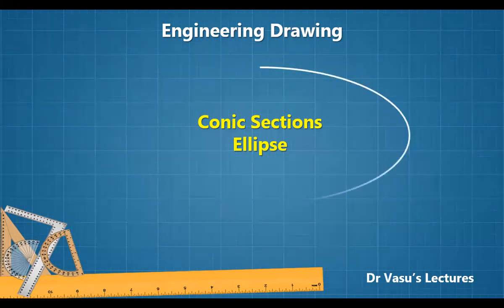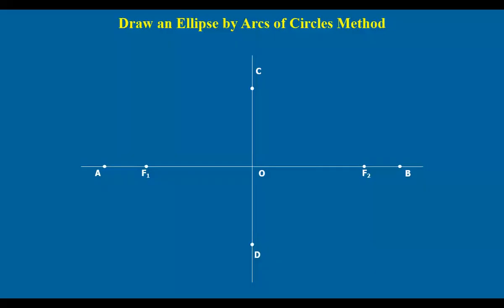Now let's see the conic sections with the different methods. Let us see the particular case of the ellipse. Suppose we want to draw the conic section by the arcs of circles method. Here you are given AB, the major axis, and the minor axis.